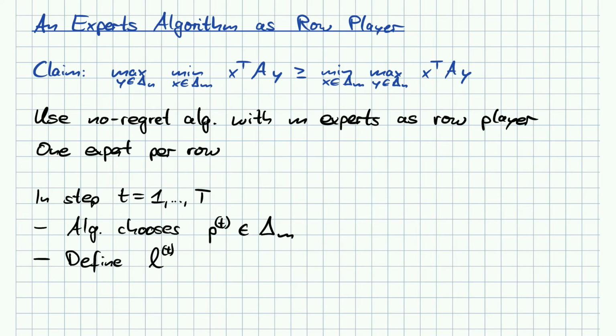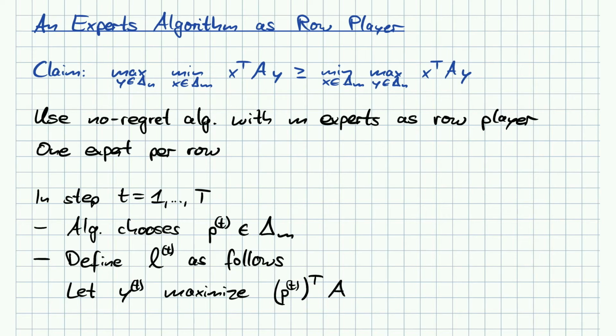We'll define LT as follows. We let YT be chosen such that PT transposed times A times YT is maximized.